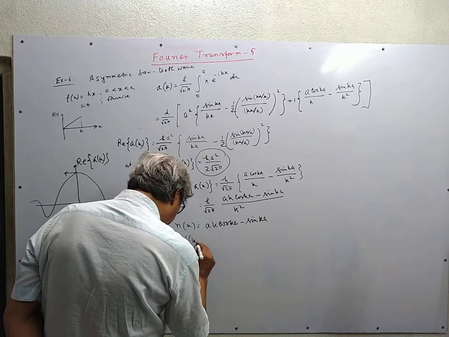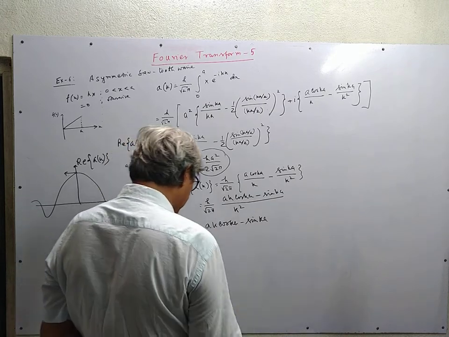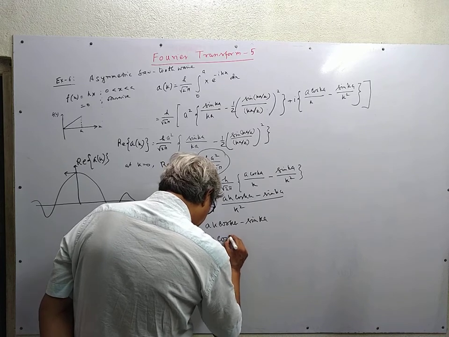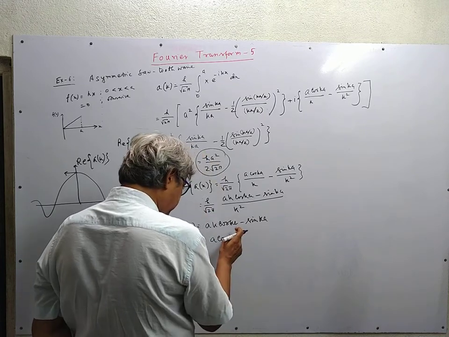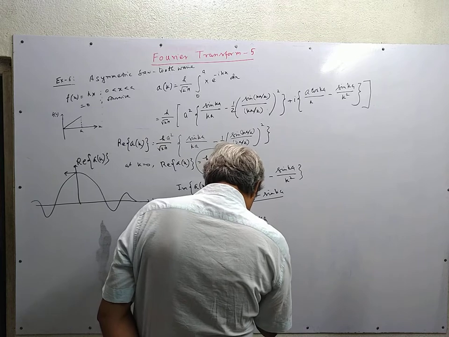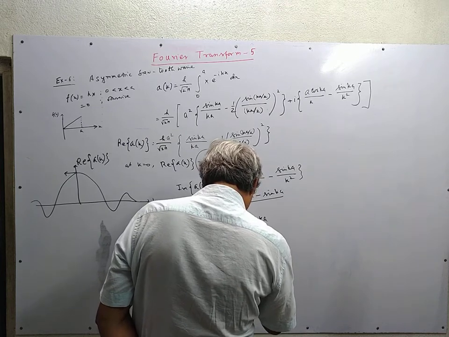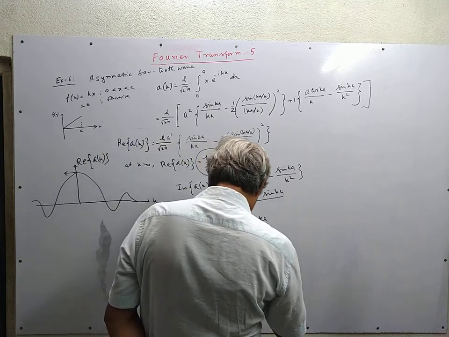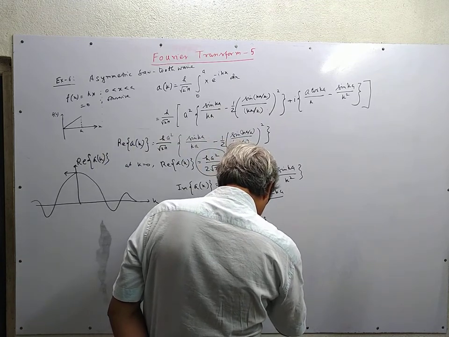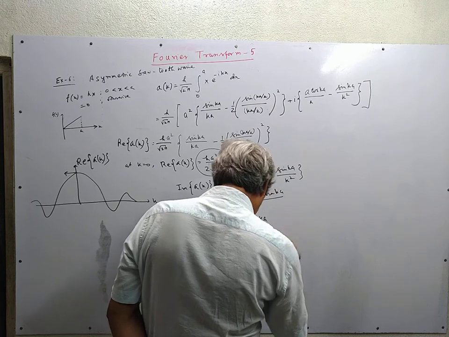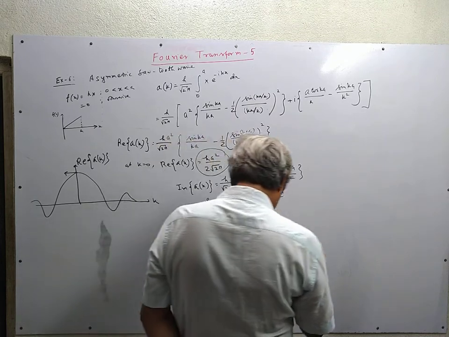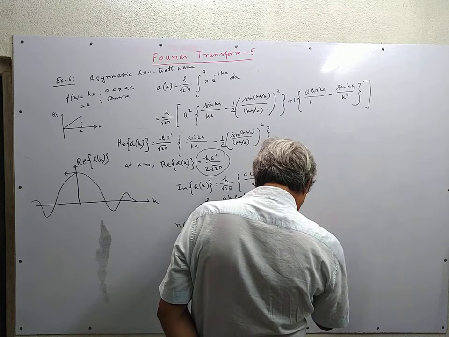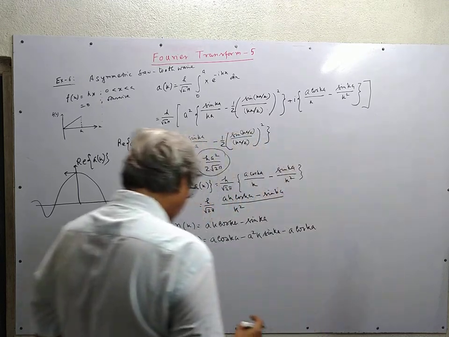N prime of k is the derivative with respect to k. So the first term is a cos ka, the second term is minus a square k sin ka, and the other term gives cos ka.